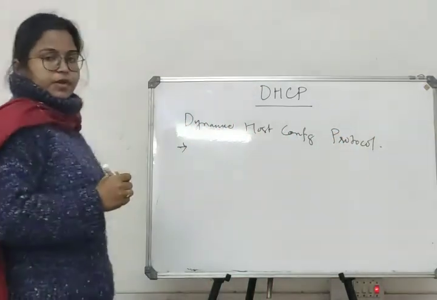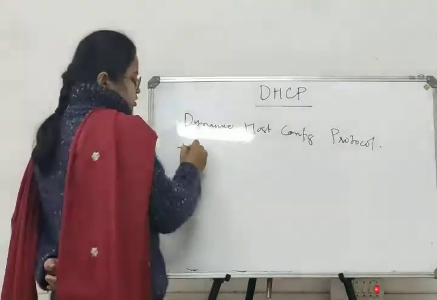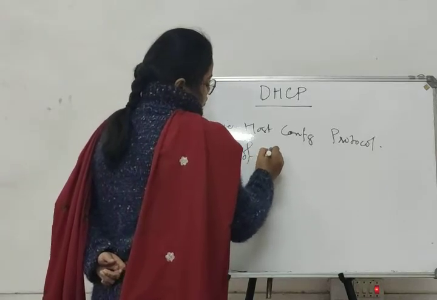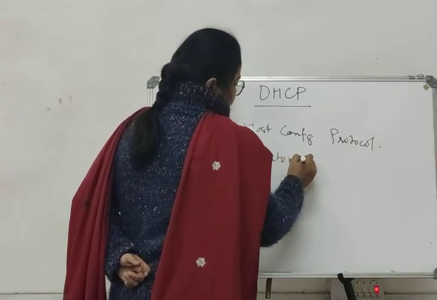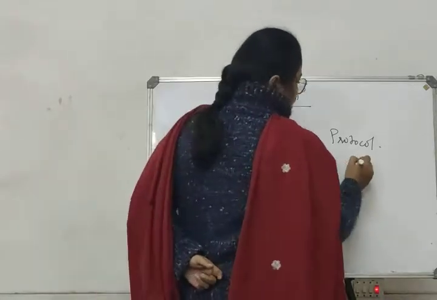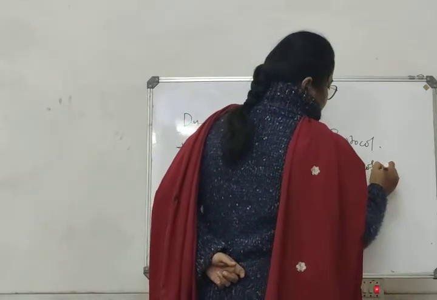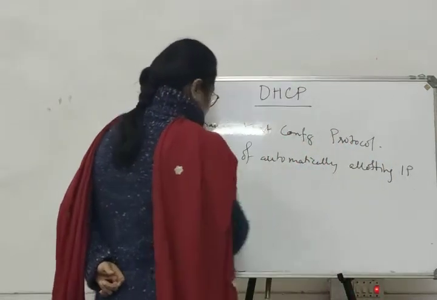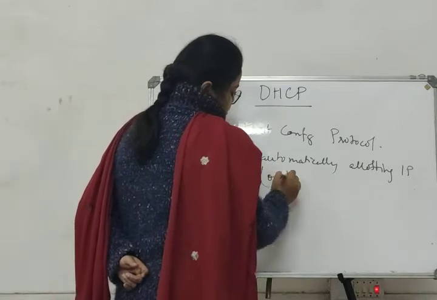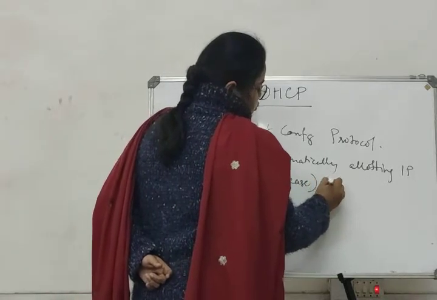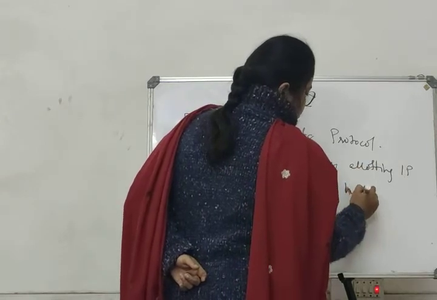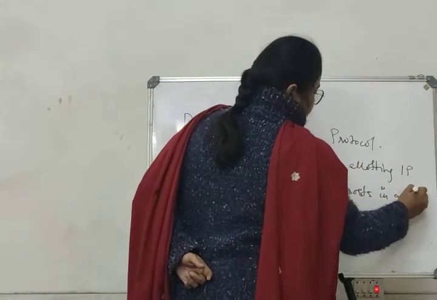So what is DHCP? DHCP is the process of automatically allotting IP address on lease to hosts in a network.